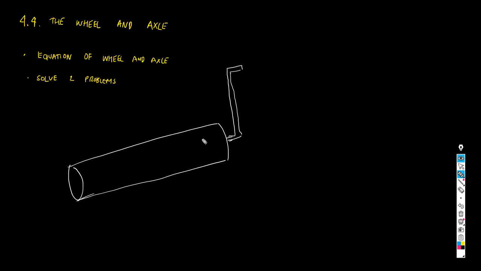Okay, so when we have this machine, guys, we can take a look at the following characteristics. There is a radius from the very beginning of the handle, from this part to this part. That's going to be the radius of the wheel. Remember, for all practical purposes, this handle is a wheel.